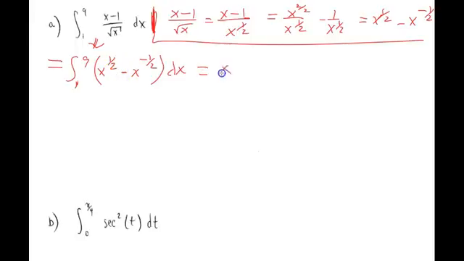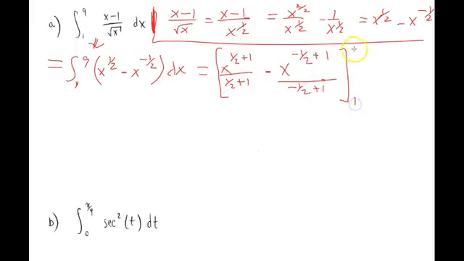So here we have x raised to the 1/2 plus 1 over 1/2 plus 1 minus x raised to the negative 1/2 plus 1 over negative 1/2 plus 1. And all that will be evaluated from 1 to 9. So from that point, we'll just clean this up and then evaluate.